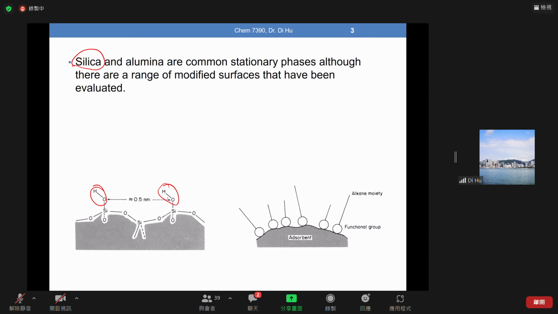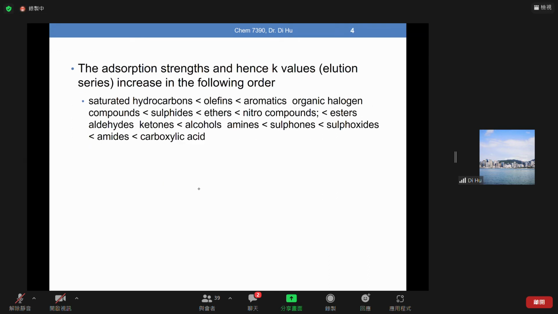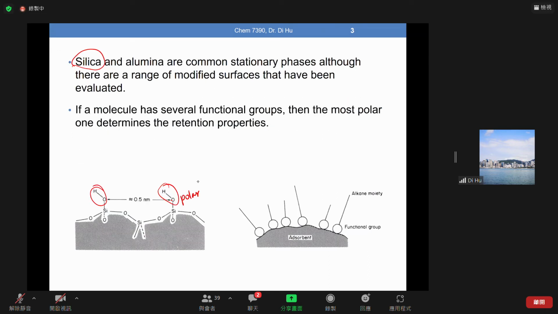You can see that the OH here is polar, which makes this a polar stationary phase. That's why it retains species with polar functional groups. If a molecule has several functional groups, then they will have different properties.